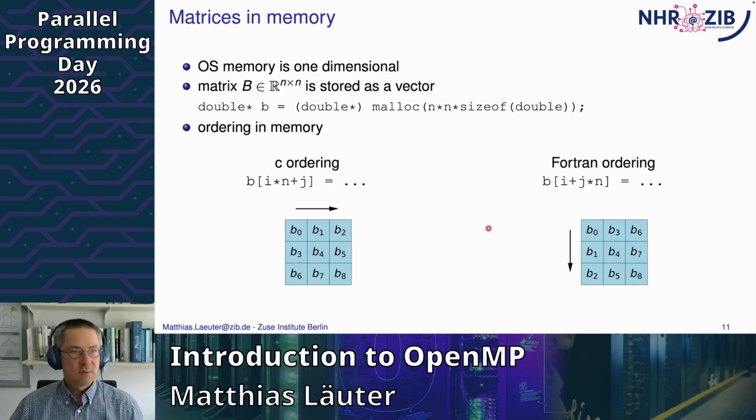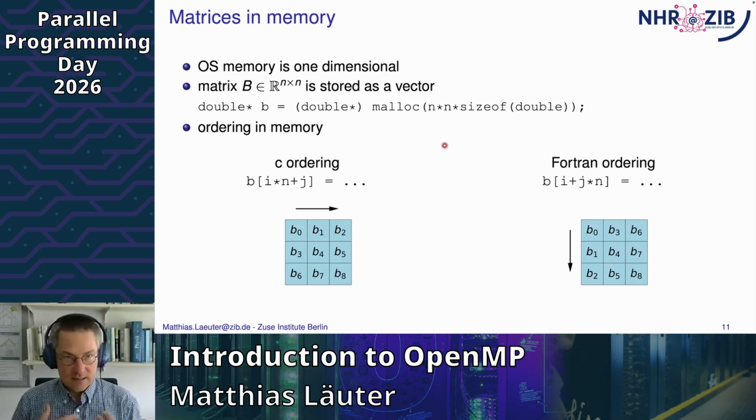For matrices, because the Linux system does not know matrices. Linux systems only know linear vectors in memory. So we need to map our two-dimensional matrices to the one-dimensional world in the memory. For that, we ask for memory B, and we ask for a malloc which has a size n times n.